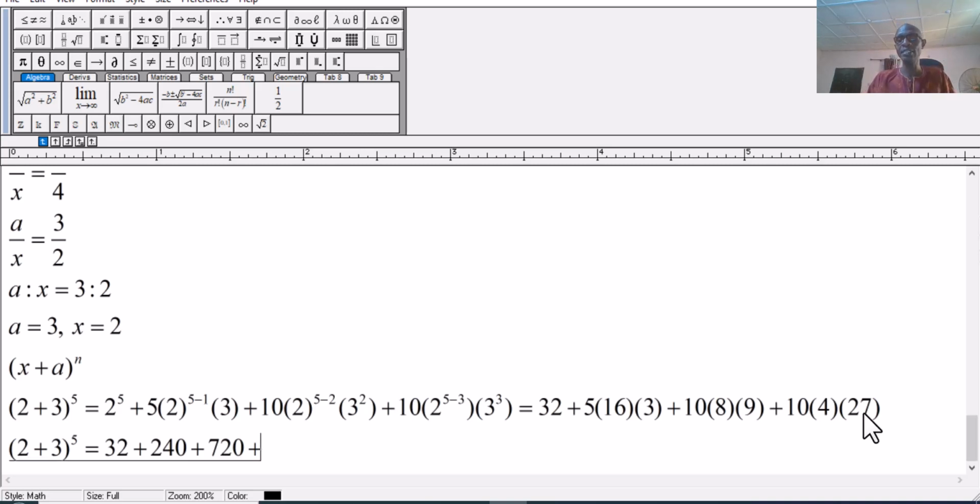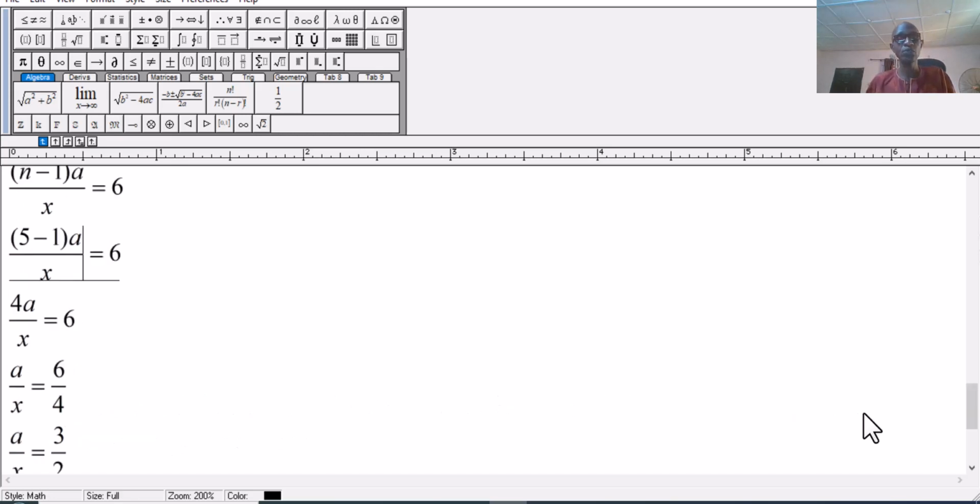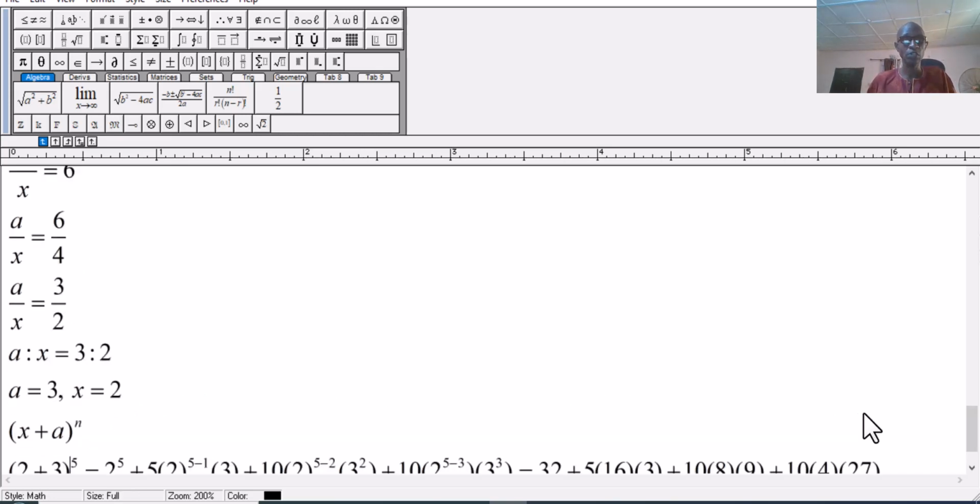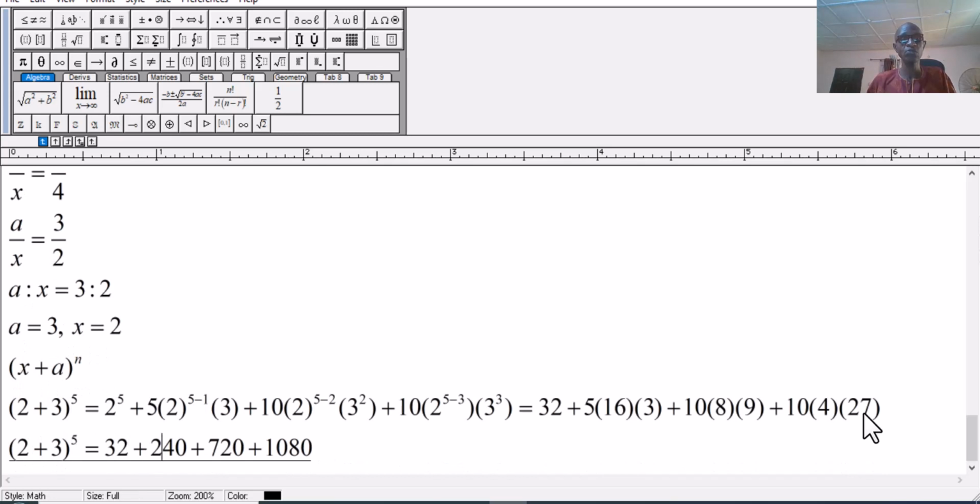That's 108 times 10, that is 1080. So you can see that it tallies with the first term, which we are not given. Let us not bother about that. The second term is 240. The third term is 720, and the fourth term is 1080. So you can expand the rest.